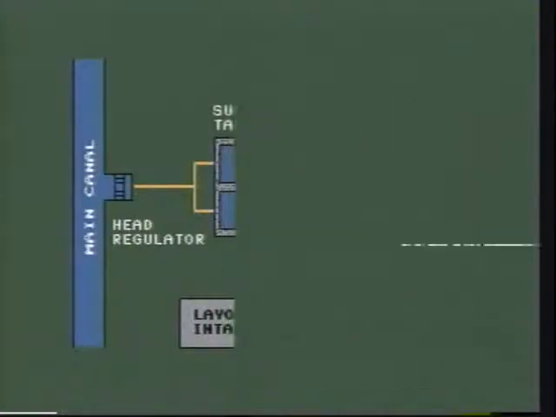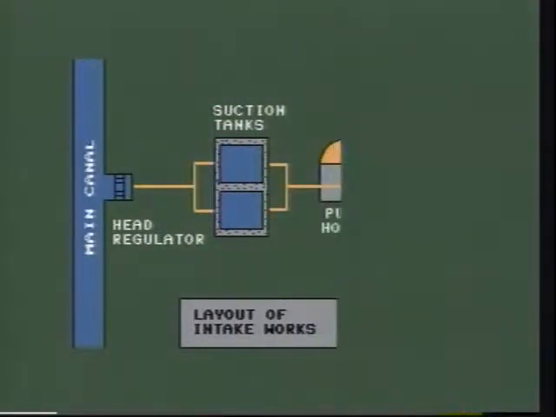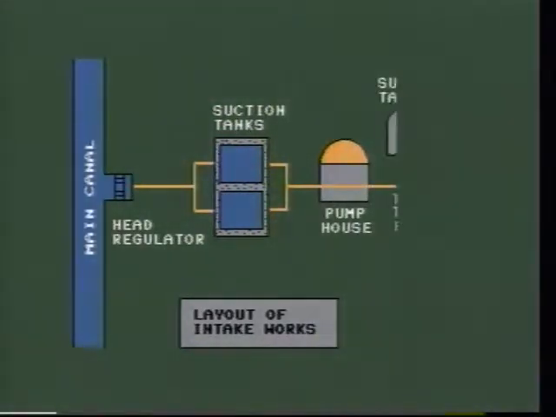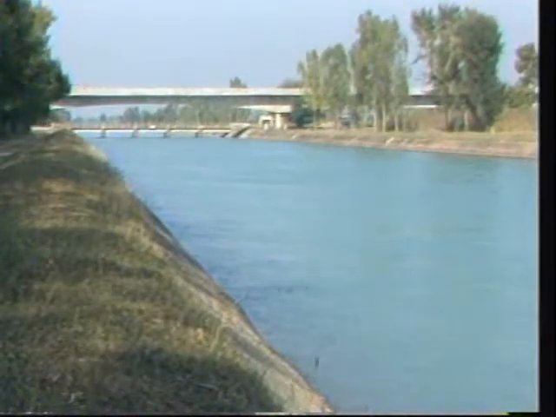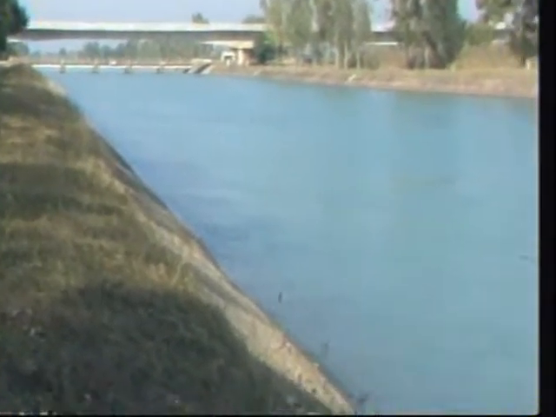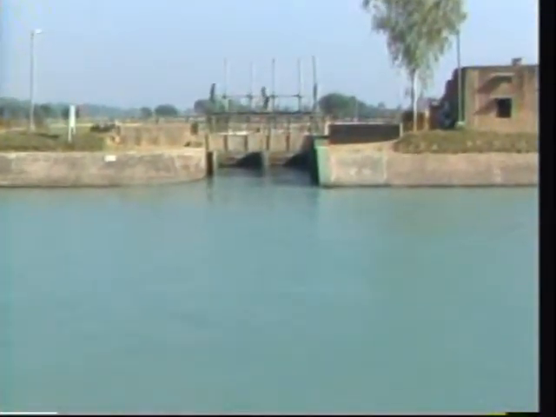The stages of handling water at the intake works are schematically shown in this diagram. Water from the main canal is diverted through an offtake channel.